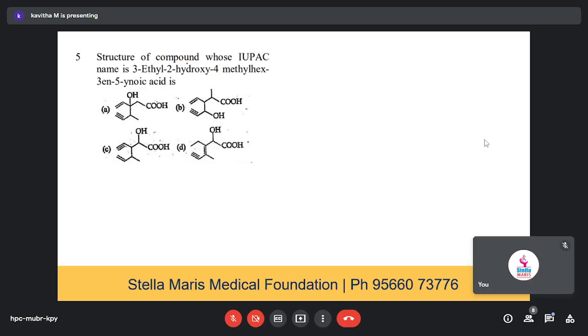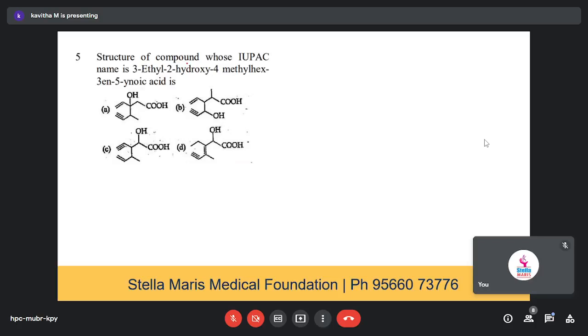Check in which one we have 6 carbons in the main chain. D, ma'am. Option D. When you go for the other options, the acid group should be given preference. Otherwise, the double bond or triple bond will be in the side chain, and that is not in the name.